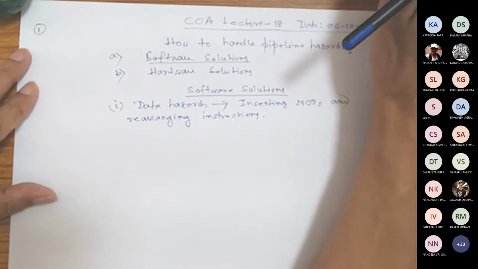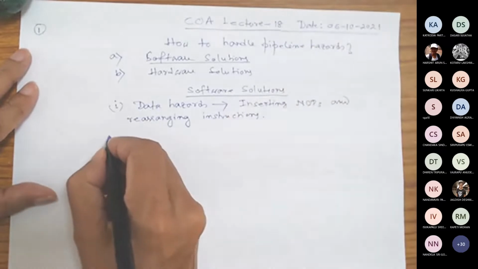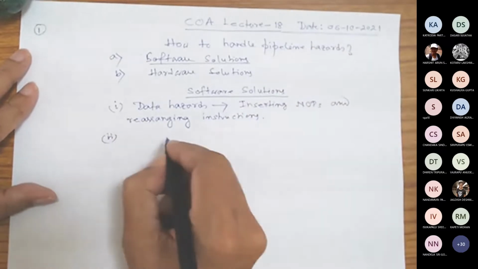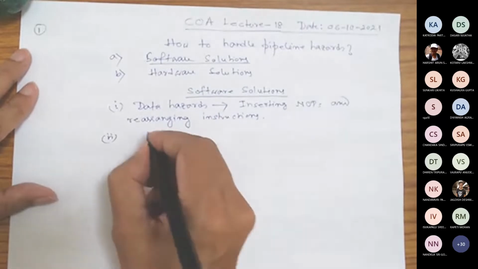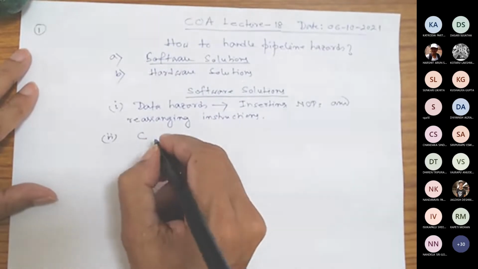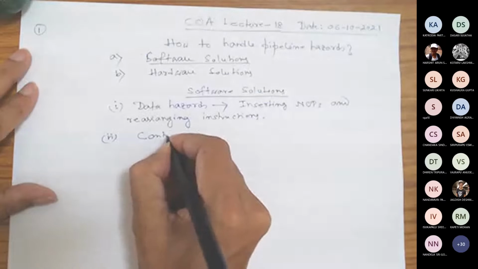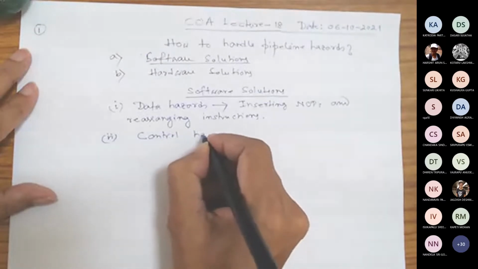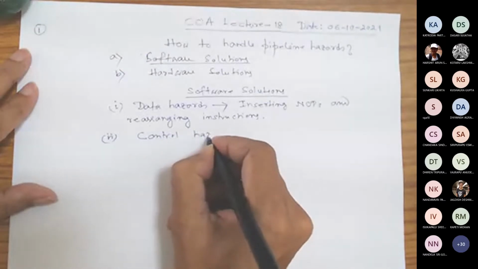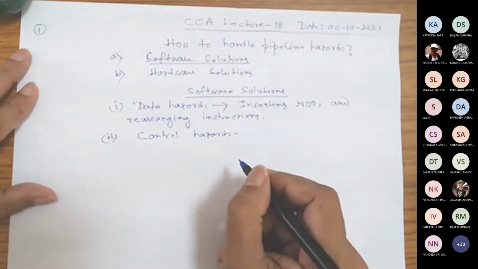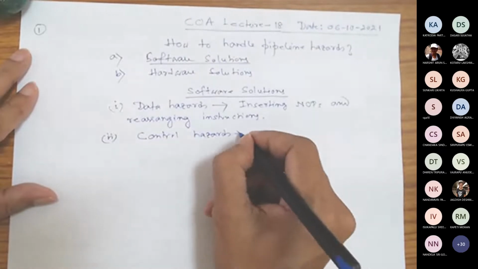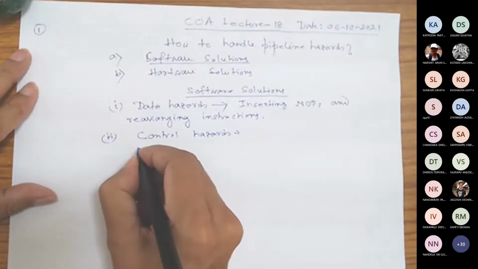Now, what about control hazards? Today we will look into control hazards and how software solutions can be designed. So let's take an example.